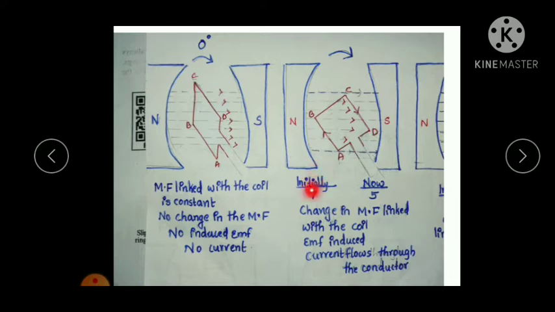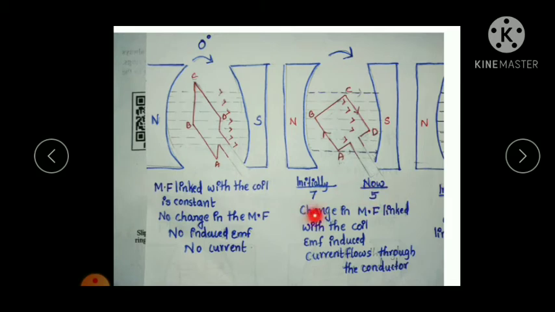At this stage, initially all the 7 magnetic field lines were passing through this armature coil, but now only 5 magnetic field lines are passing through the armature. So you can see there is a change in the magnetic field lines. Initially it was 7, now it is 5.